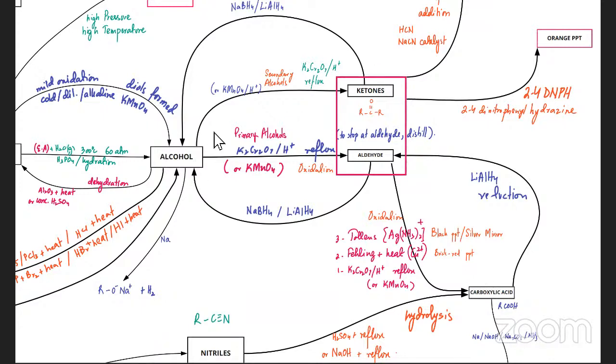It might not be a secondary alcohol, because secondary alcohols turn into ketones. Ketones are carbonyl compounds, and they do give an orange precipitate with 2,4-DNPH. So it's not a secondary alcohol, it's instead a primary alcohol, and the oxidation is not stopping at aldehydes, it's going all the way to carboxylic acids.